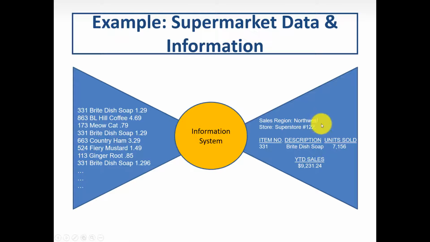So you can analyze and apply knowledge, because you can say, hey, in the sales region Northwest, in that particular store, number 122, we have 7,156 units sold of bright dish soap, which is this SKU number or item number. And we can also derive even yearly sales and so on.